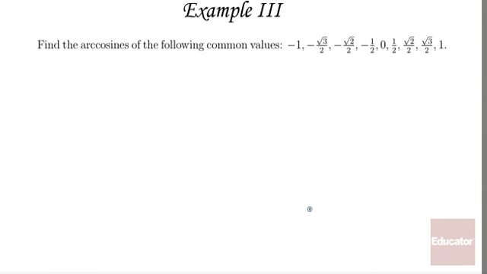So for our third example here, we're trying to find arccosine of the following list of common values. And again, it's useful to start with a unit circle here.